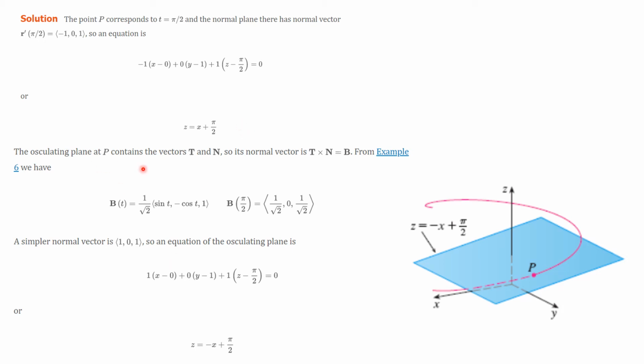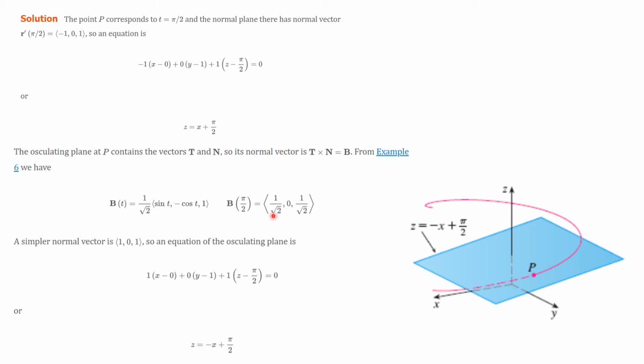The oscillating plane contains the vectors T and N, so its normal vector is T cross N, which is equal to B. And we calculated this before, that B of t is equal to this, and when we put pi over 2 in, we get this.